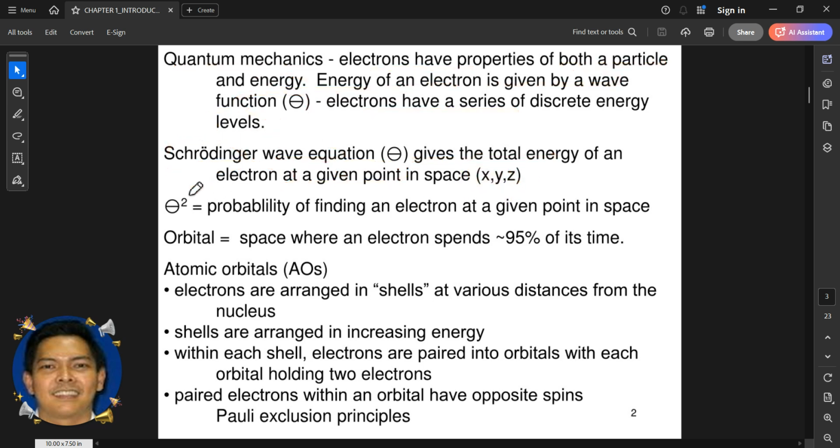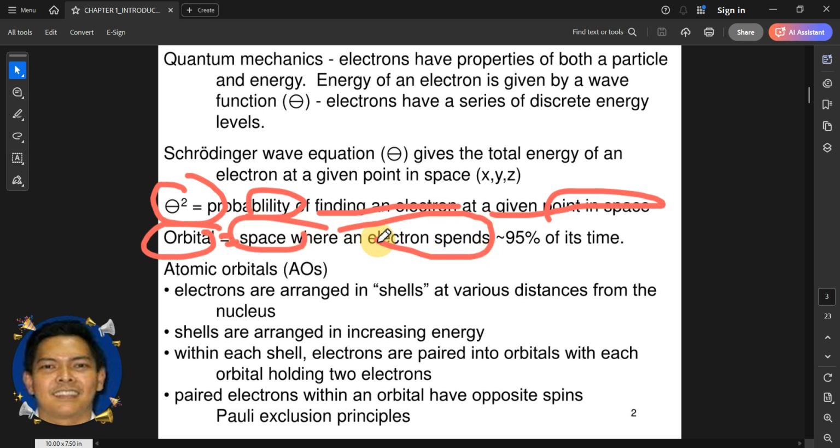The Schrödinger wave equation gives the probability of finding an electron at a given point in space. So an orbital is the space where an electron spends 95% of its time.